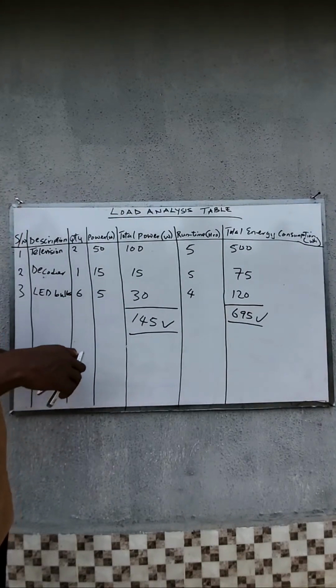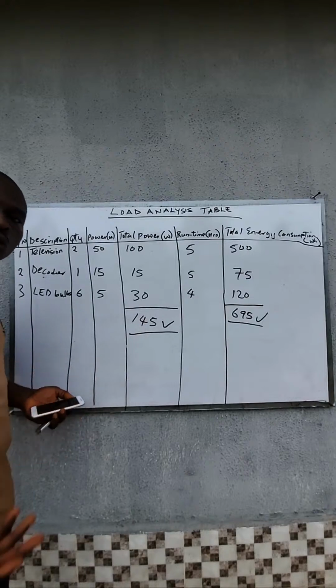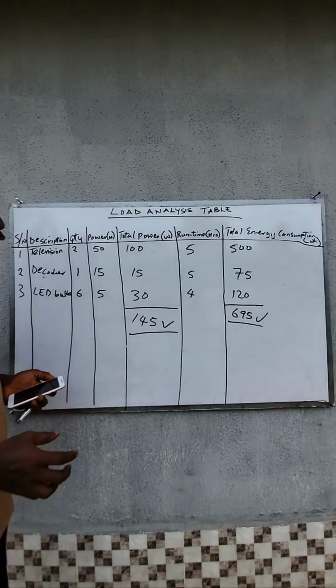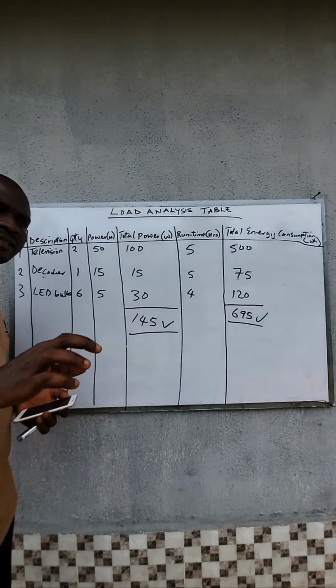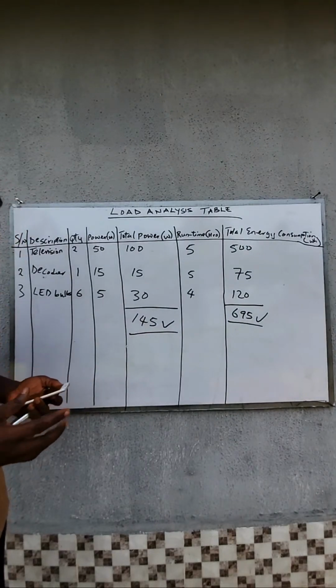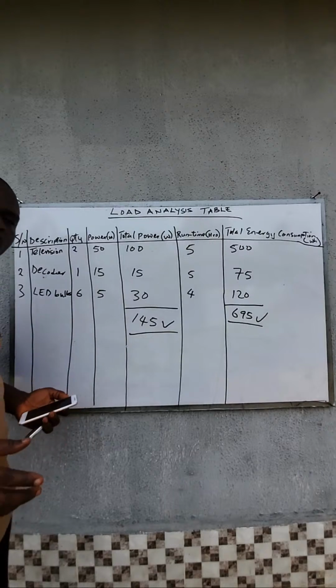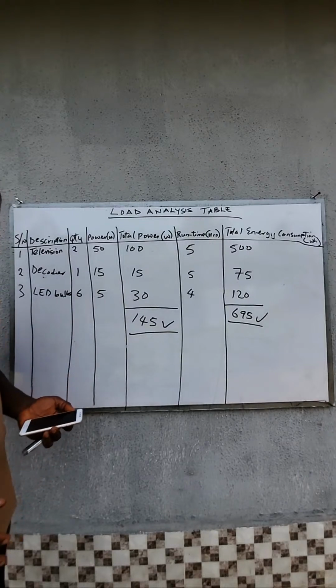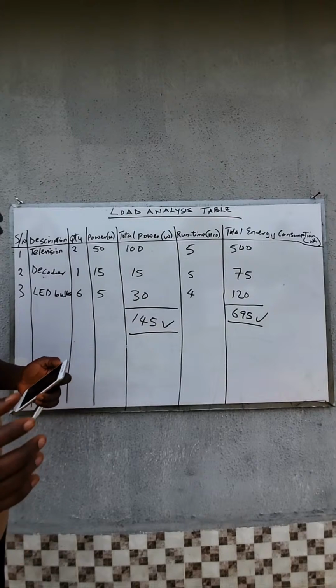You will see the inverter shut down and tell you low voltage. These are the basic things you need to take into consideration when sizing a solar power system. They are very common, but they can mess up your solar installation and give you a lot of issues.